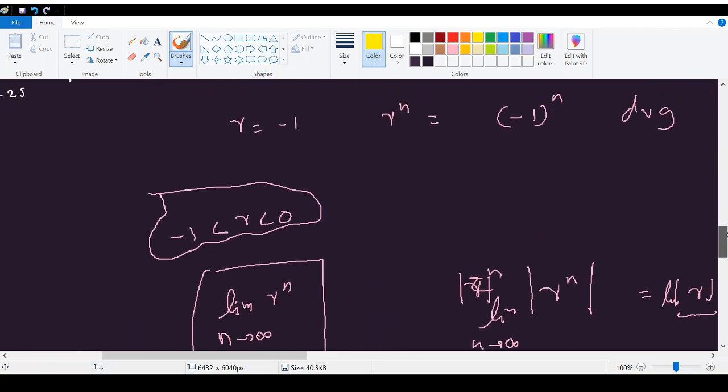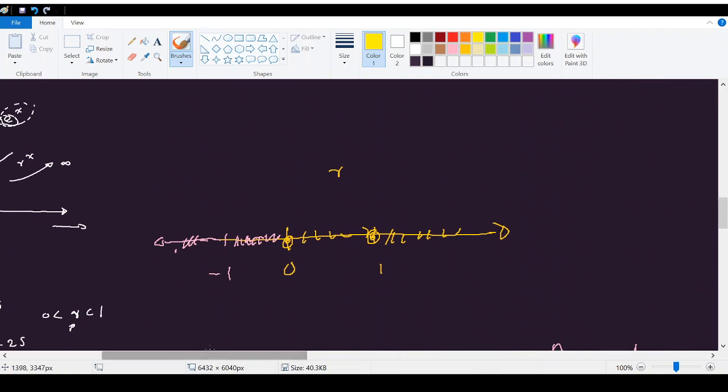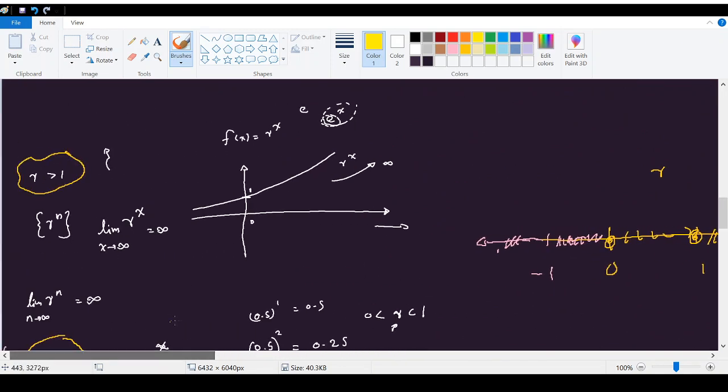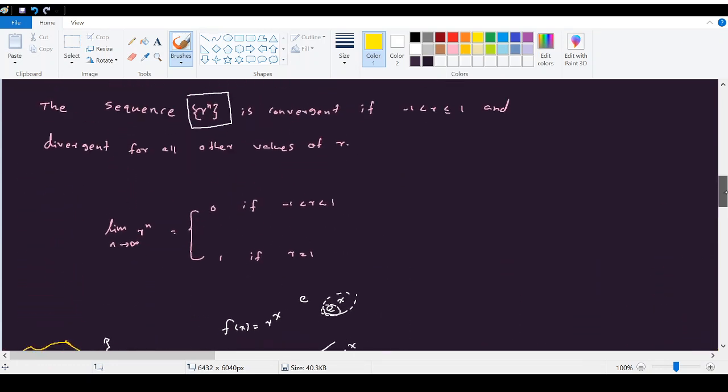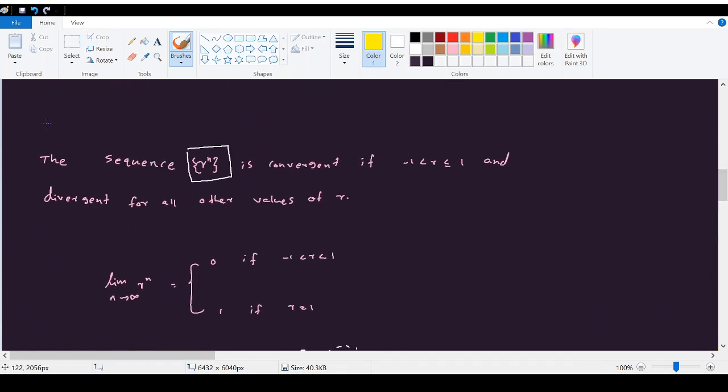So what we have done so far is a very important result. This is not a theorem as such, but this result will be important and will be used in the future, right? And the result is, this sequence is convergent only when r is between -1 and 1, right?